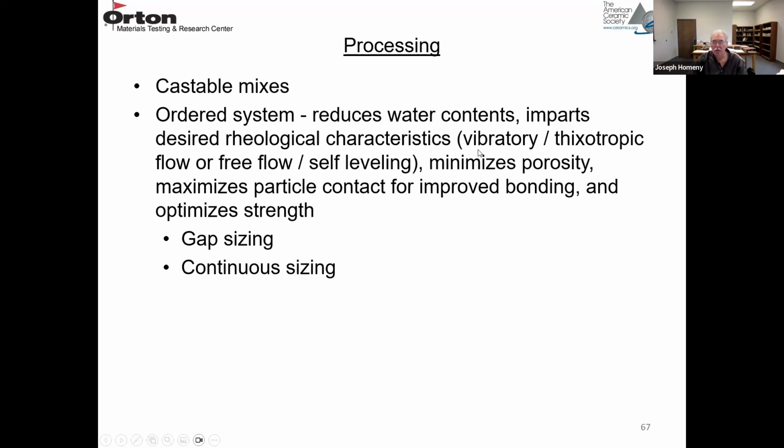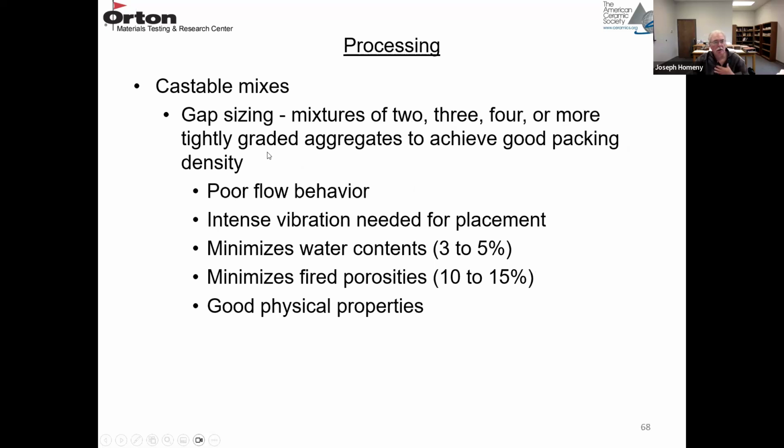So you may have a system that requires vibration and is thixotropic, so the shear stresses from vibration cause the material to flow, or you can adjust the particle size distribution so it's more of a free-flowing or self-leveling material. So ordered systems minimize porosity, they maximize particle contact for improved bonding, and they're going to optimize the strength. So we'll look at each one of these.